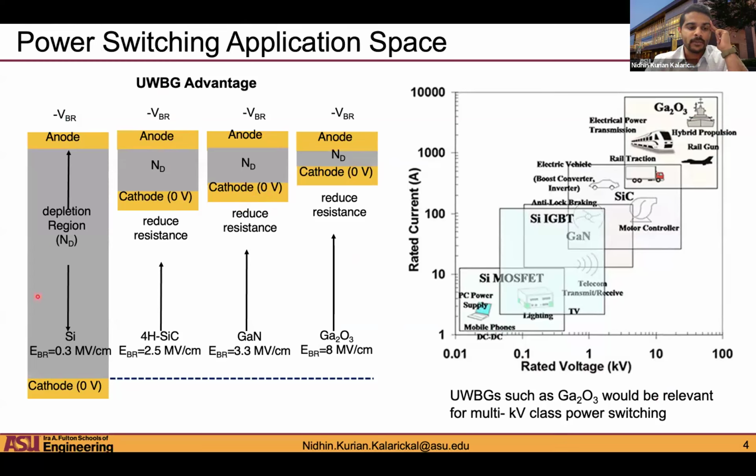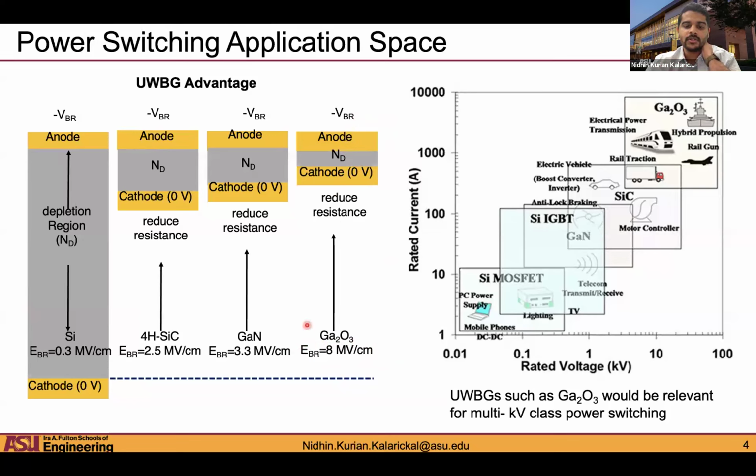For example, if you move from the left device, so it's just a one-dimensional schematic, the left one is, let's say, silicon with a breakdown field of 0.3 megavolt per centimeter. If you move away from silicon to an ultrawide bandgap semiconductor like gallium oxide with a much larger breakdown field, now for the same voltage, you only need a much thinner drift layer to hold the same voltage.